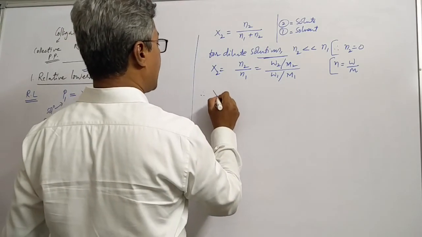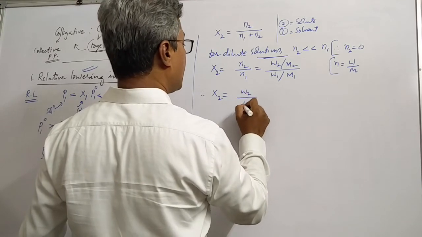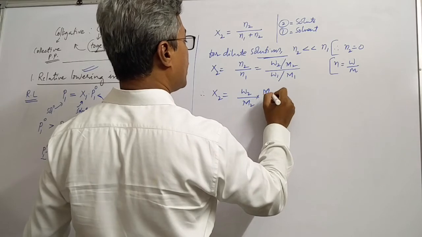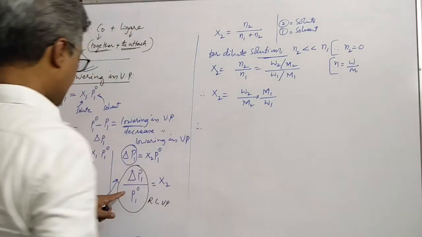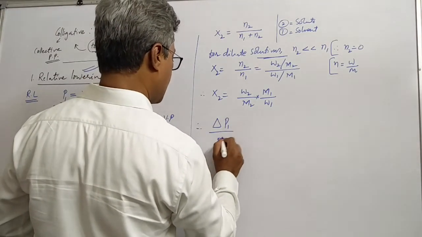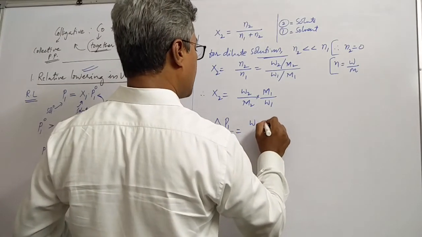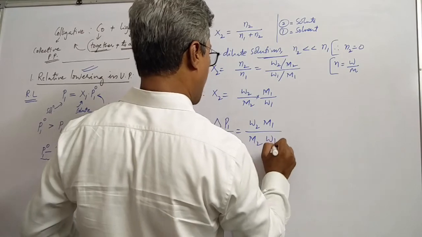That means X2 will be equal to W2 divided by M2 into M1 divided by W1. Therefore, this relative lowering in vapor pressure is equal to W2 M1 divided by M2 W1.